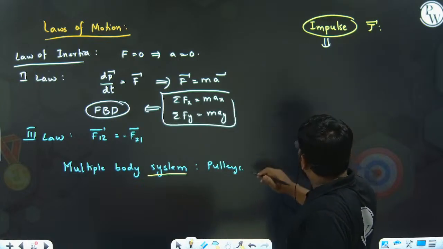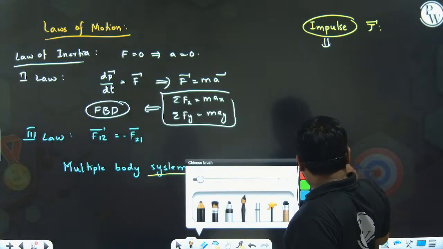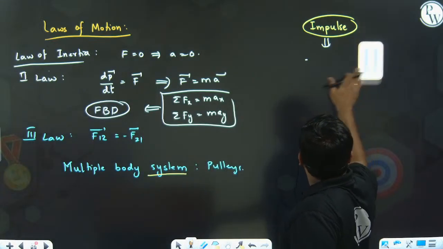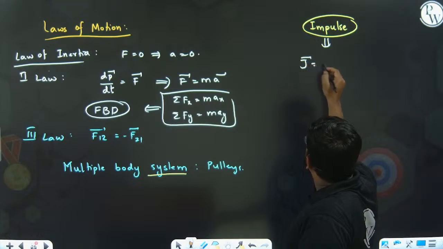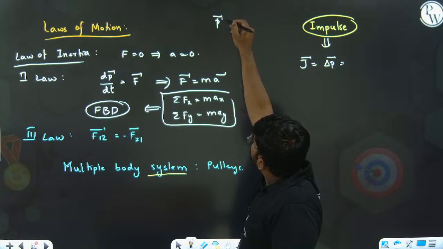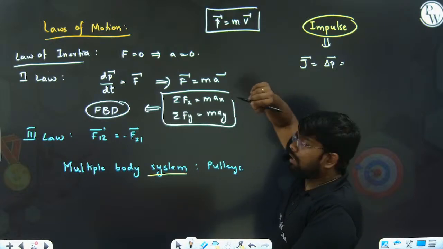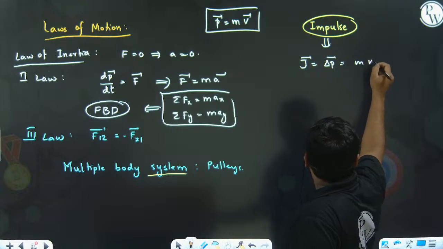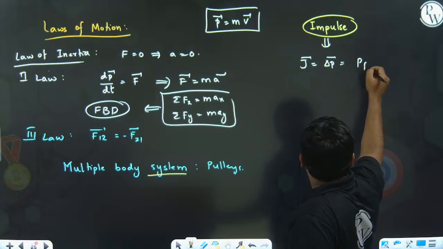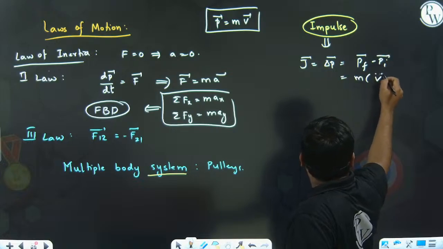So when you're talking about impulse, how to calculate impulse, what are the different ways? There are 4 ways to calculate impulse. So J is equal to delta P. And actually what is P? Momentum, mass into velocity. And delta P is P final minus P initial, which is m into final velocity minus initial velocity.